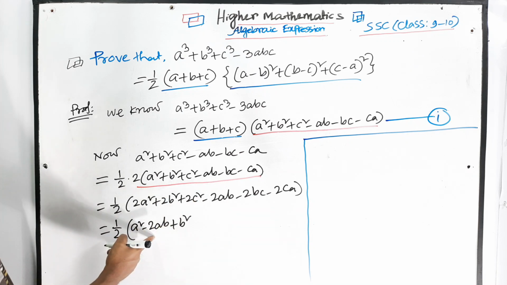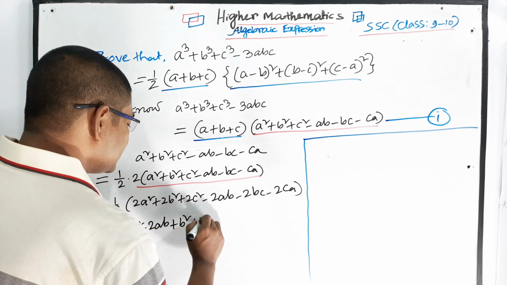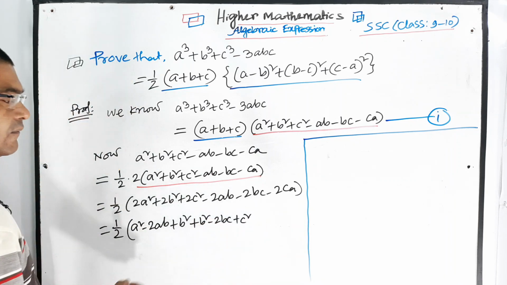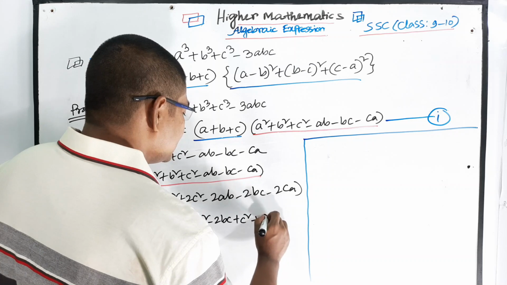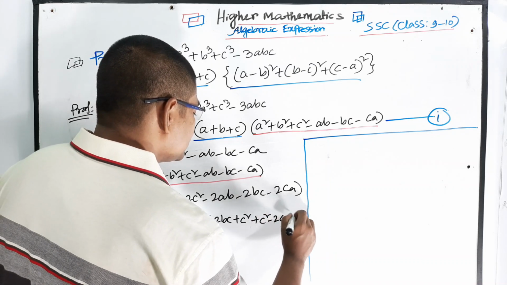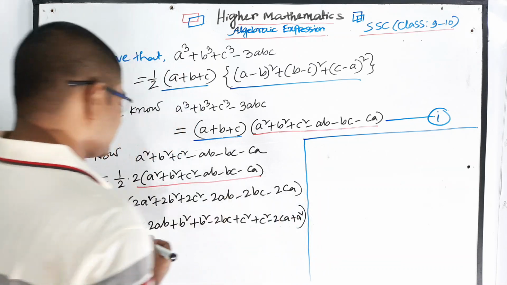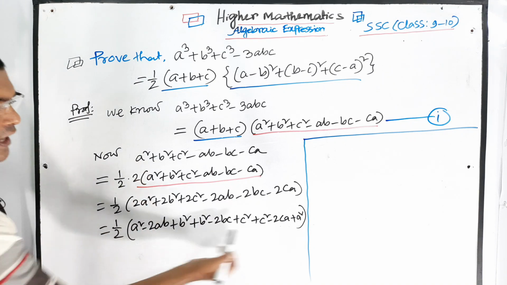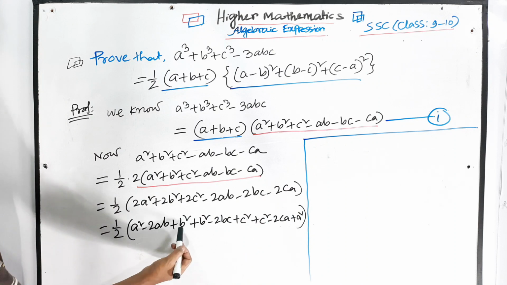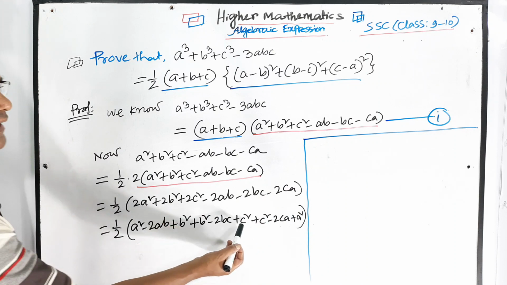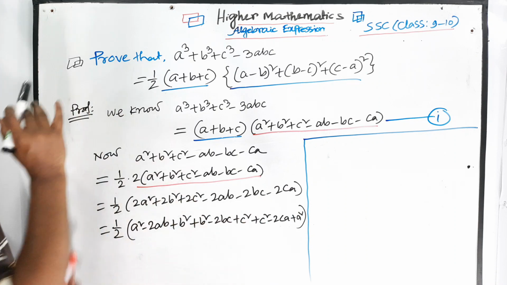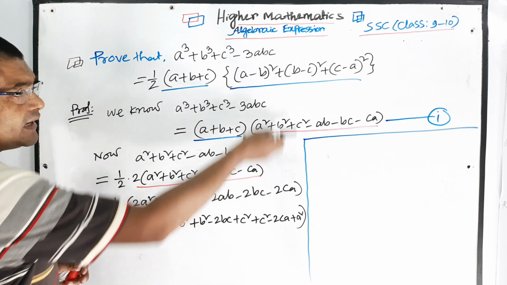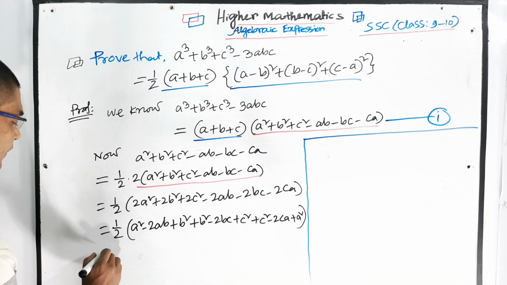I have taken here 2ab plus b square minus 2bc plus c square, plus c square minus 2ca plus a square. You can see here 2a square: a square plus a square, 2a square; b square plus b square, 2b square; c square plus c square, we have got 2c square. So easily we can write in this format.